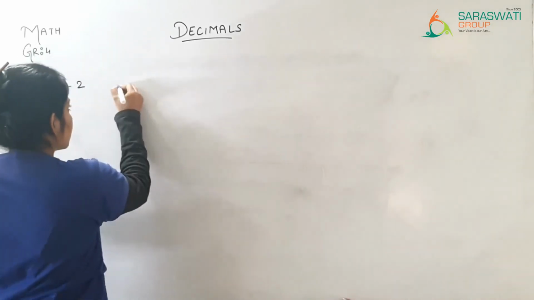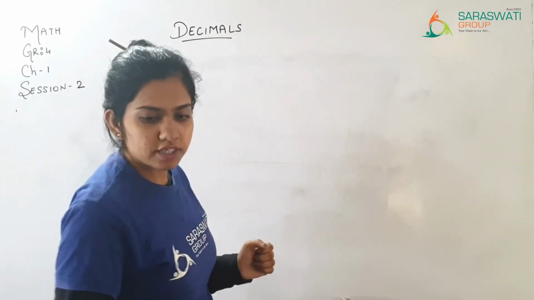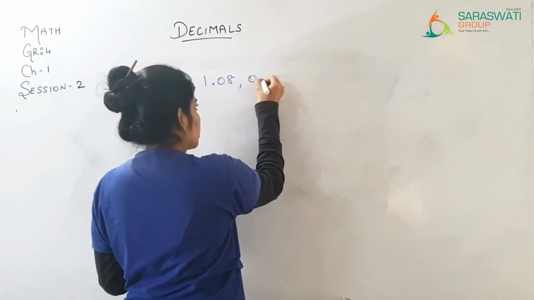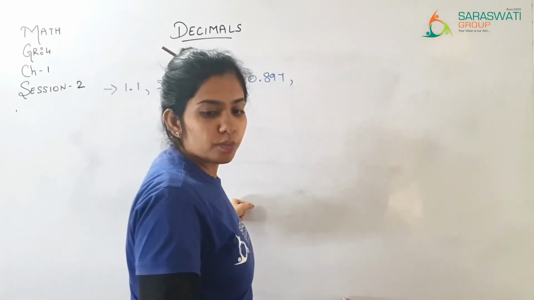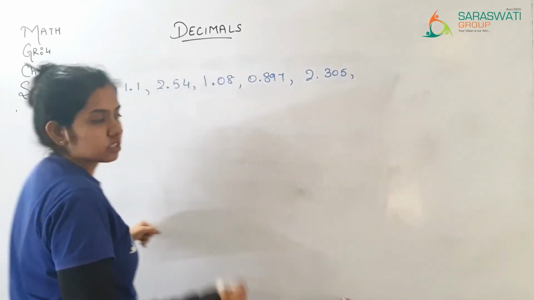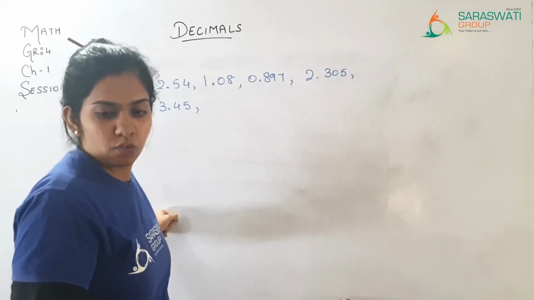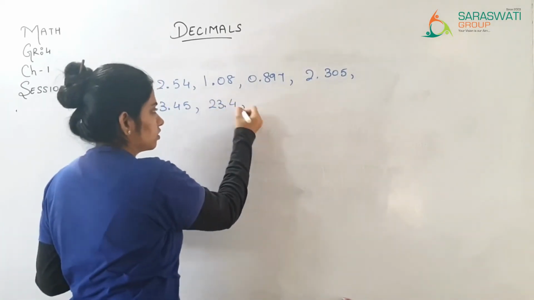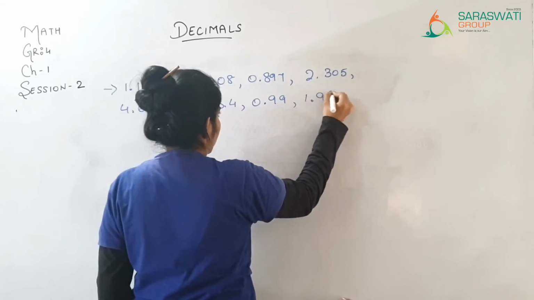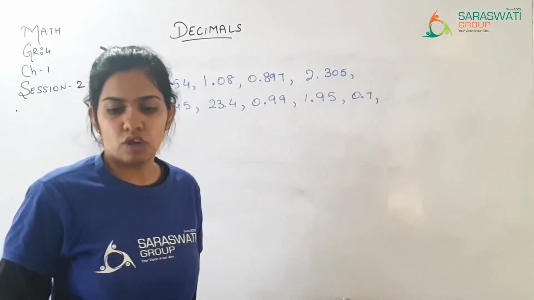We have 1.1, 2.54, 1.08, 0.897, 2.305, 4.6, 3.45, 23.4, 0.99, 1.95, 0.7, and the last one is 6.566.